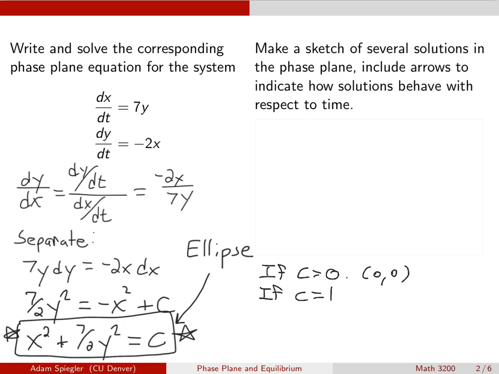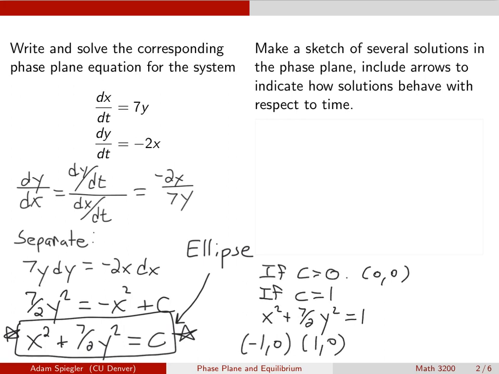If we think about c being equal to 1, then we've got the equation x squared plus 7/2 y squared is equal to 1. We have an ellipse, so if we set y equal to 0, we get the x-intercepts at minus 1 and positive 1.